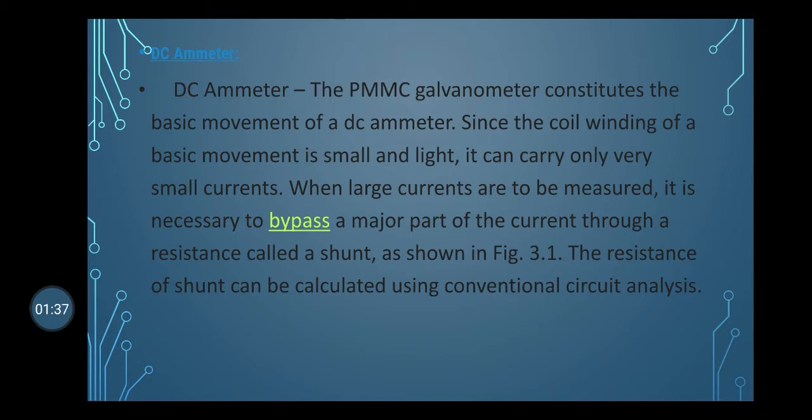A large amount of current is bypassed through the shunt resistance, so the current delivered by the source is reduced to the expected value by connecting the shunt resistance. By connecting the shunt resistance, we can minimize the current which will flow through the reading meter or the DC ammeter.